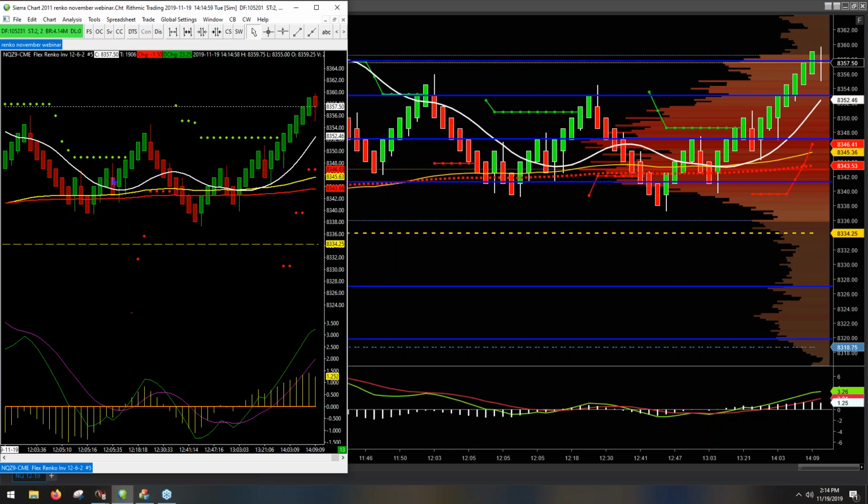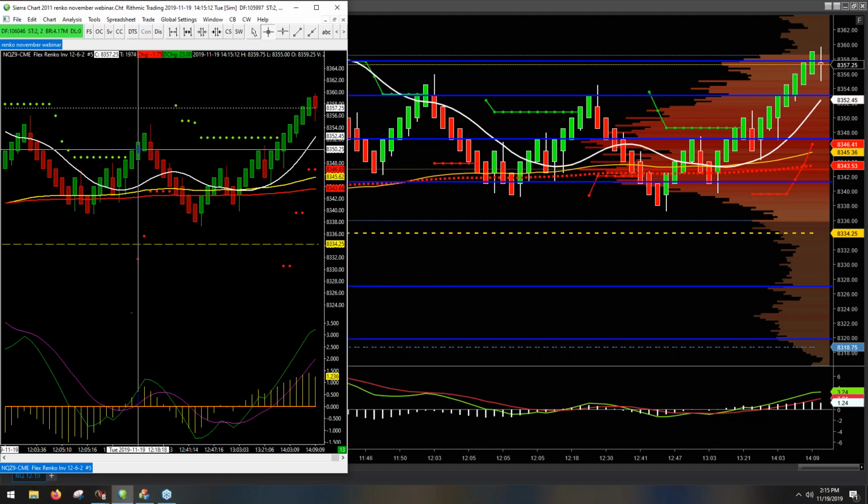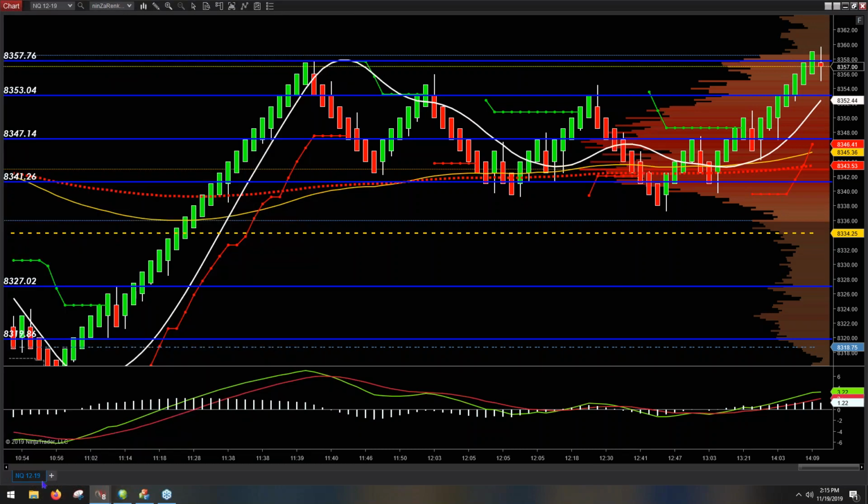So for example here, as it goes sideways, this buy back here, let me just go here, would get you in, let's just assume a tick above the bar, at 50.25, where here on Ninja it was 51.75.